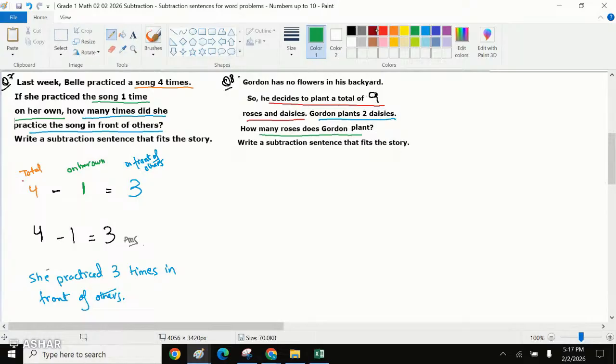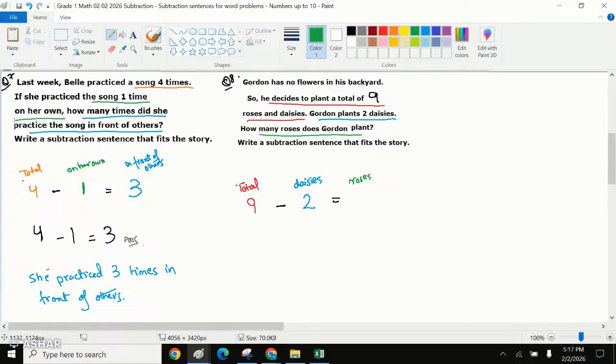So the total given to us is he planted a total of 9. Out of those 9, how many were daisies? 2 were daisies. Then the remaining would be roses. So how many roses were there? 9 were the total, minus 2.